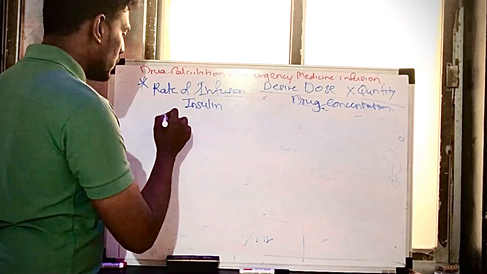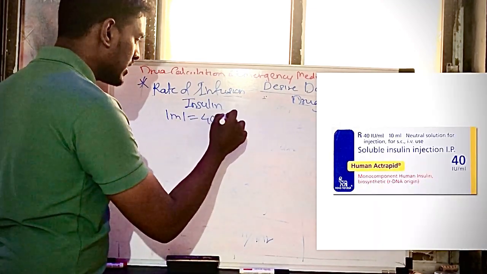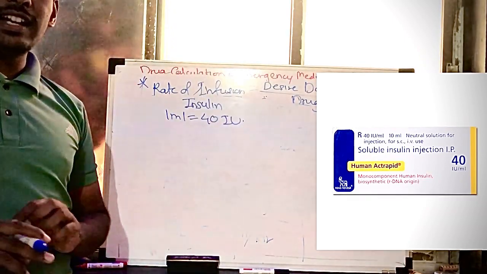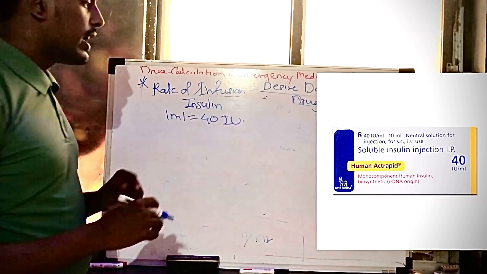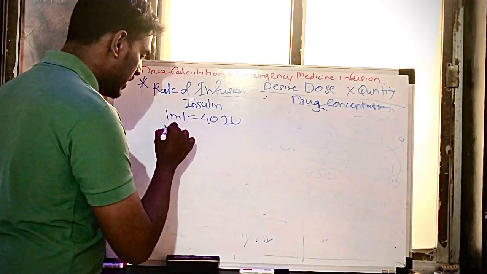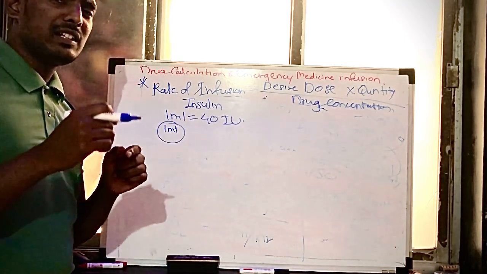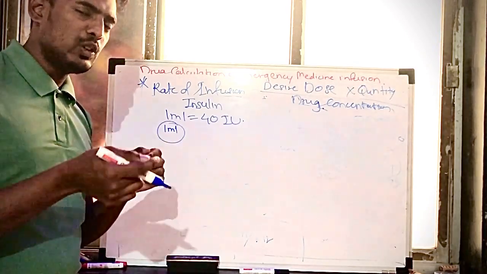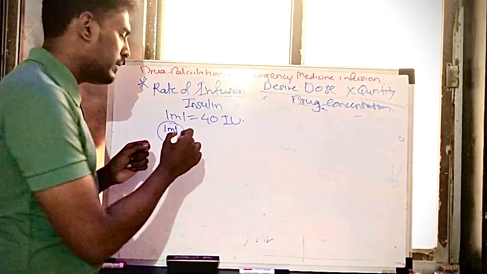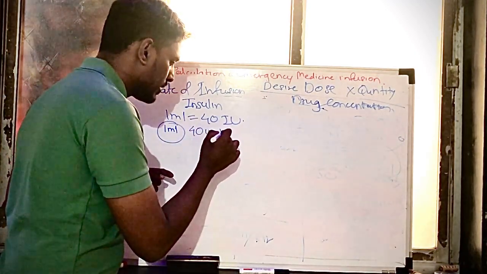Okay, 1 ml of insulin contains 40 international units. How are you going to prepare the infusion? Basically we don't take the 1 ml directly. We go with the insulin syringe, and we take 40 units of insulin.